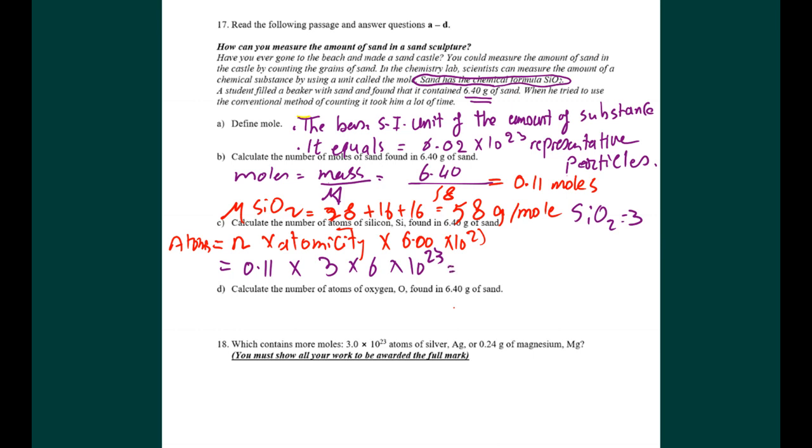So the answer is 2 times 10 power 23, or 0.02 times 10 power 25 atoms.